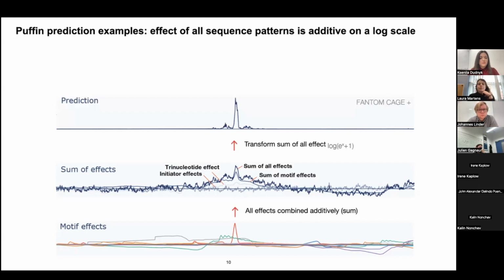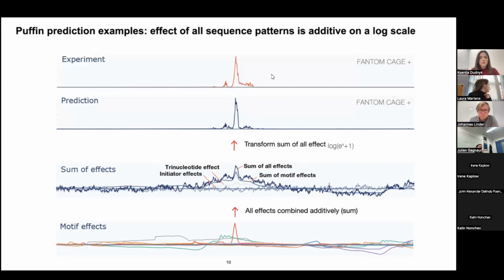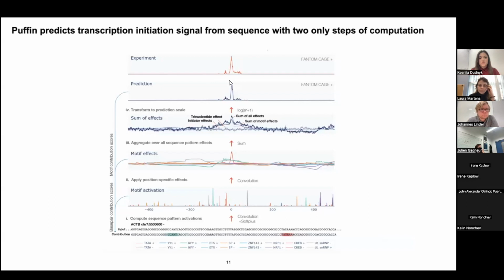The last step is Puffin applying the log +1 transformation, and the output is the prediction. And here are the experimental values for this promoter. So this is the whole process. It's very convenient that Puffin performs only 2 steps of computation, and only these 2 steps are needed to make accurate predictions for most human promoters.